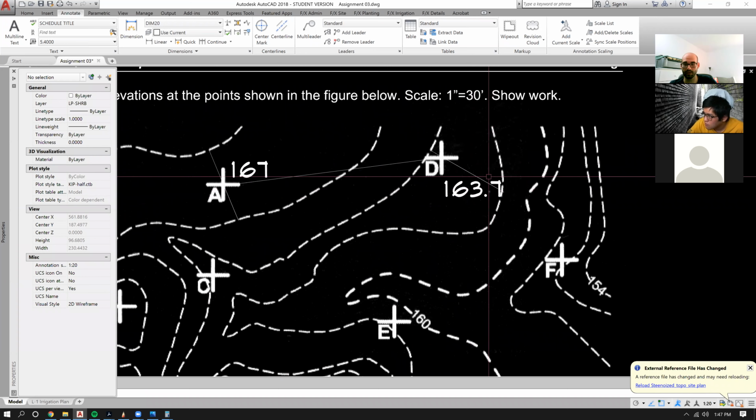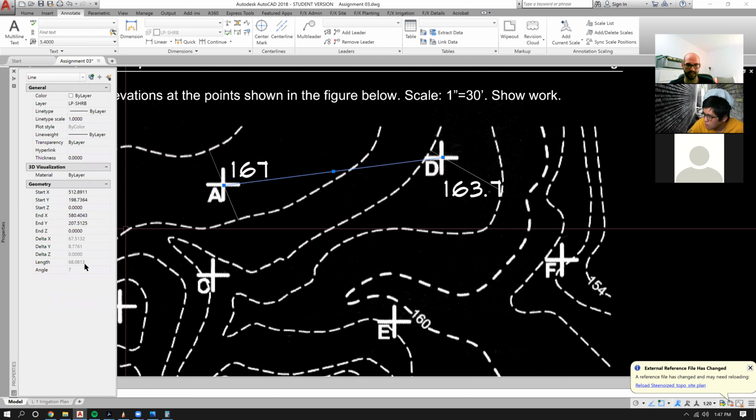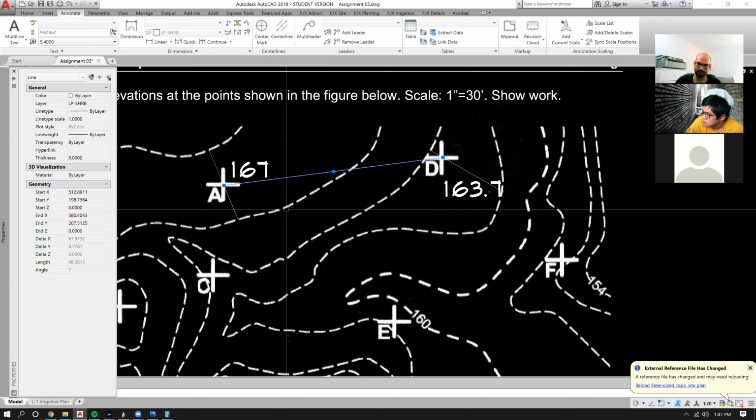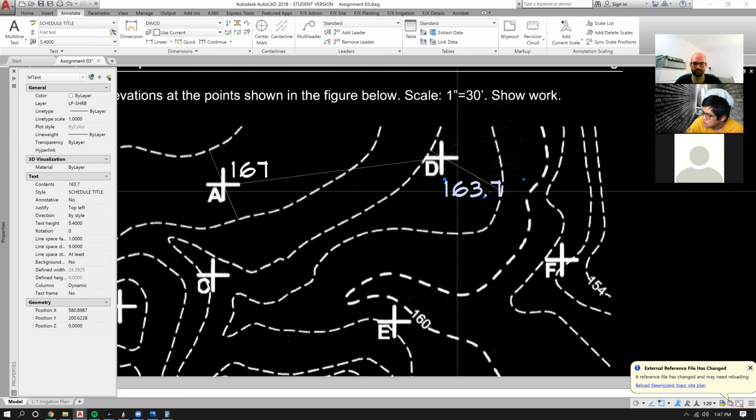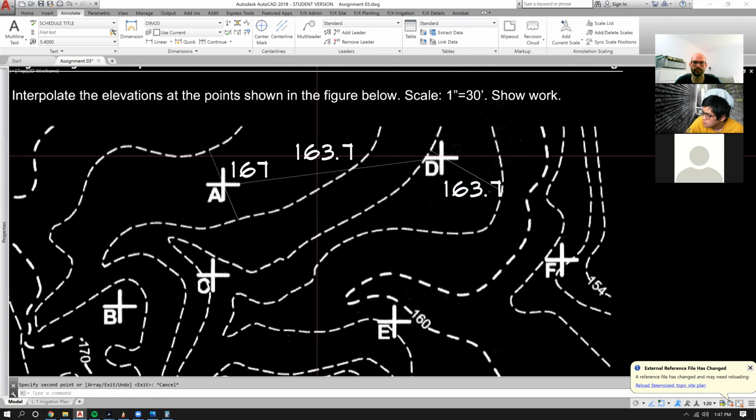So we have 3.3 as our change in elevation and 68 as our length. So it is 3.3 divided by 68, and our slope is going to be 4.85% between these two points.